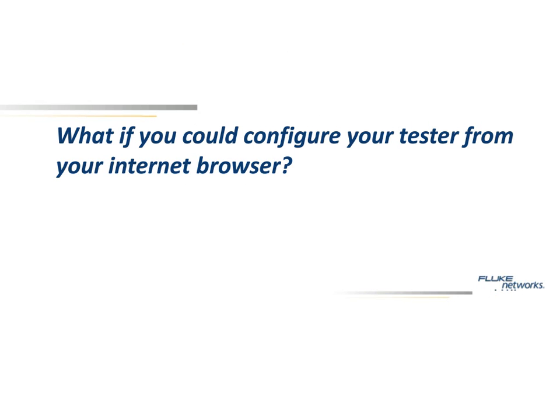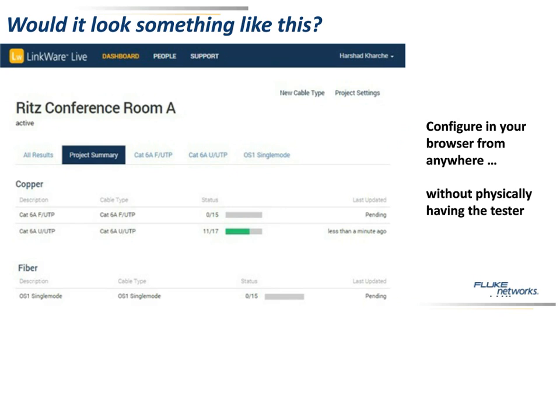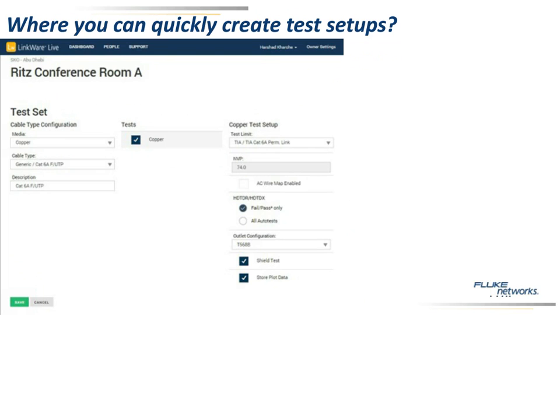You don't need to have the tester with you in the office. You don't need to travel to the tester. You've got an internet connection, you've got a phone, you've got a tablet. You can do the entire test setup right there from the browser. It saves so much time, where you can set up all your test limits and create test setups for copper and fiber.